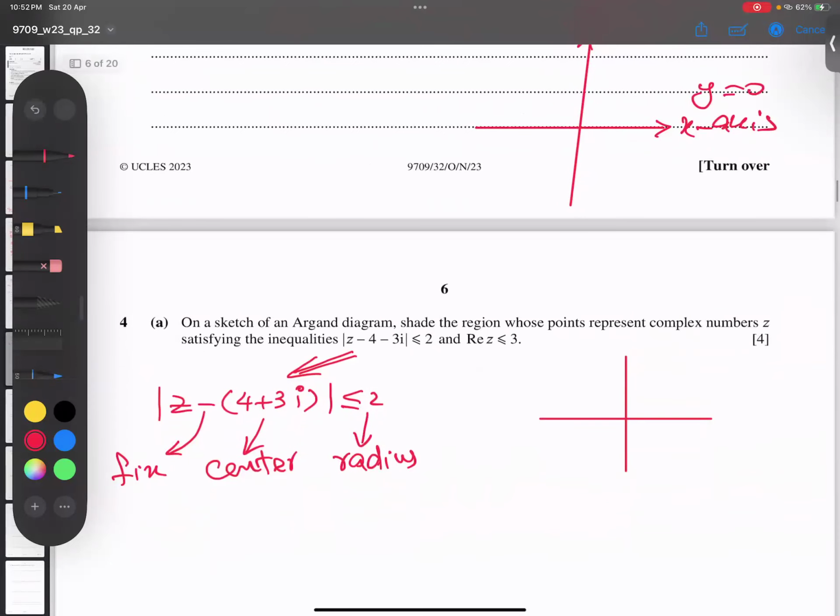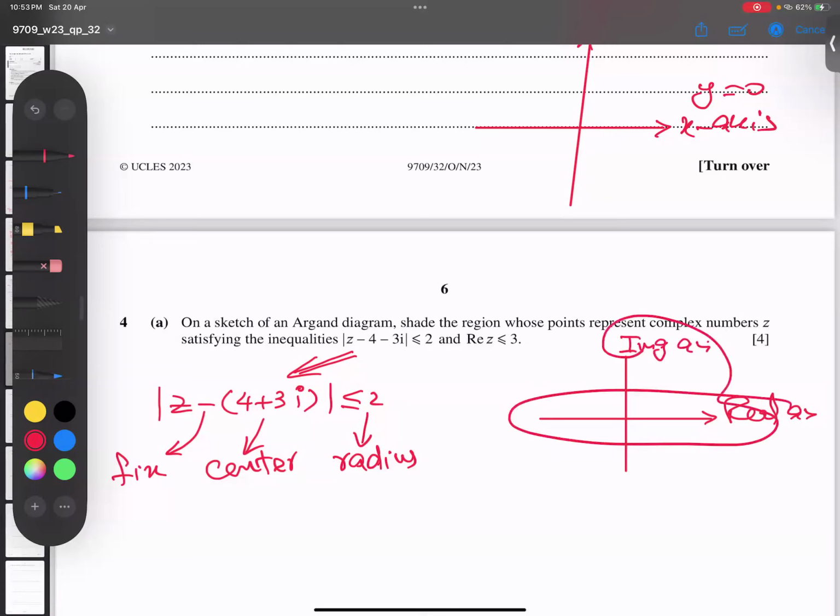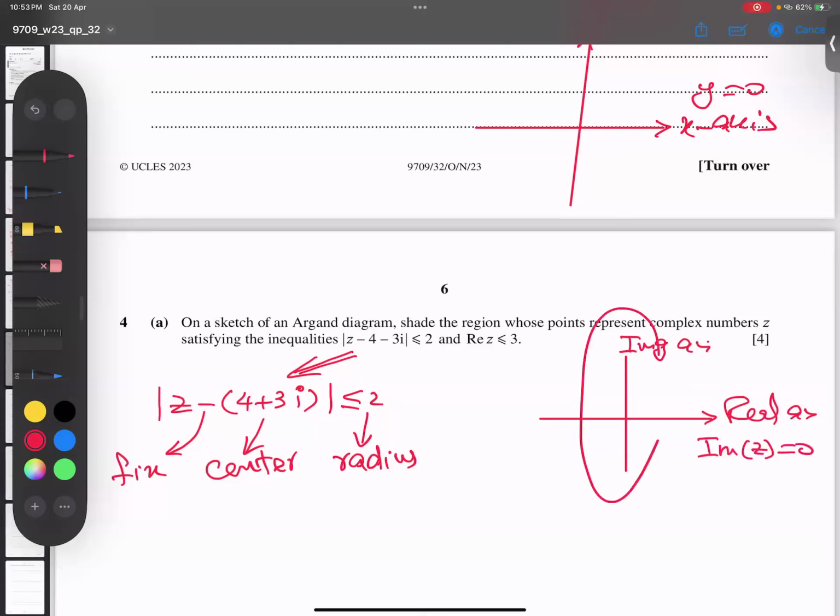Same story here. This is the real axis, and this is the imaginary axis. But what is the equation of the real axis? The opposite variable equals 0. So Im of z equals 0. And what is this?